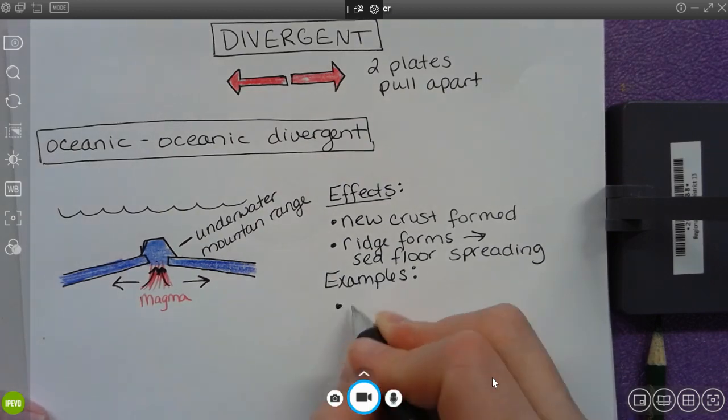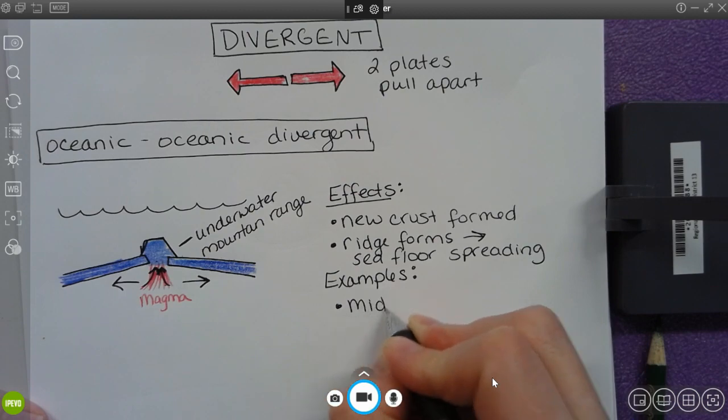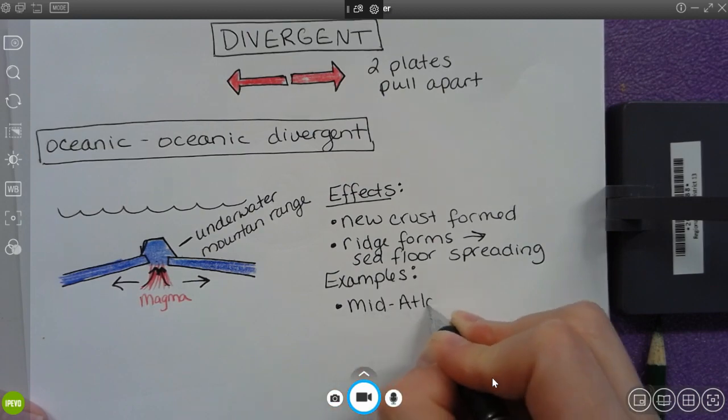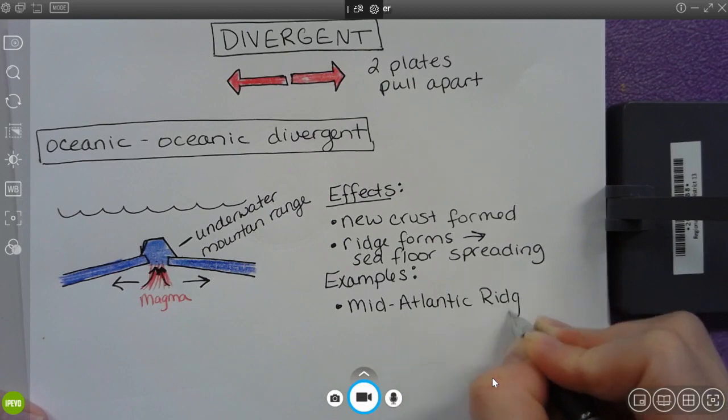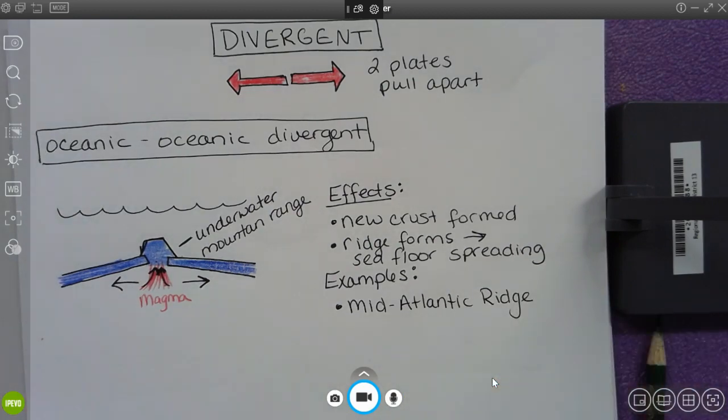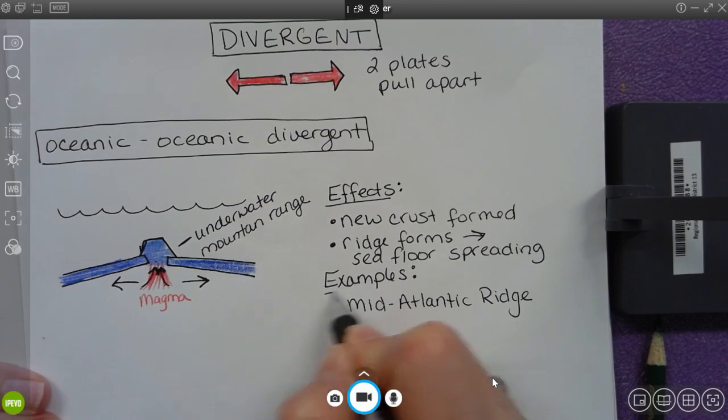So the example we're going to use is the Mid-Atlantic Ridge. And we will definitely talk more about that in a little more detail specifically. There are other ridges in the bottom of the ocean, but the Mid-Atlantic Ridge is one that is very well known.